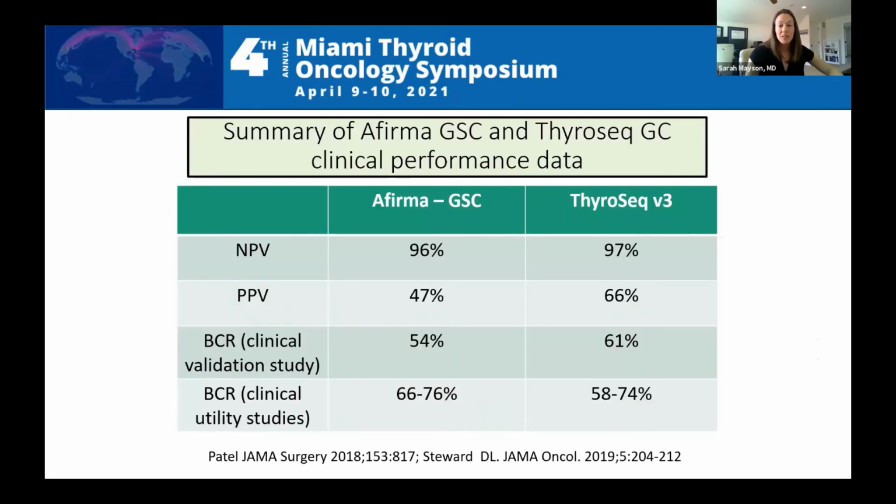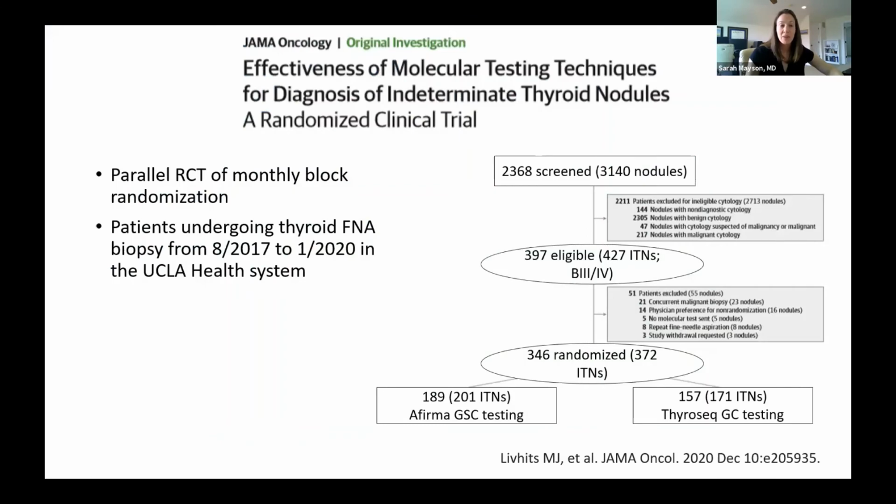I'd like to wrap up our discussion now by reviewing a recent prospective randomized trial from UCLA Medical Center that compared the performance of the ThyroSeq and the Afirma tests. And this was mentioned earlier in a discussion of analytical validity by Dr. Nikiforova. This was a parallel randomized controlled trial where on alternate monthly basis, they either utilized the Afirma or the ThyroSeq tests.